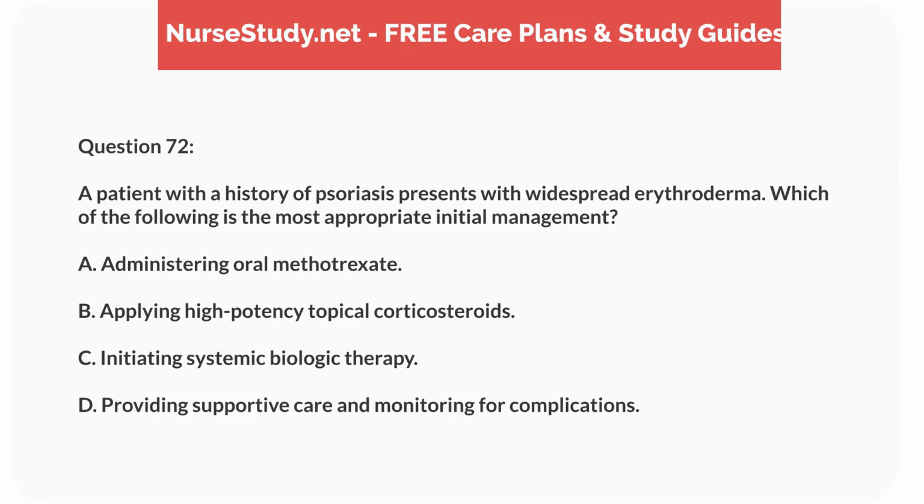Question 72. A patient with a history of psoriasis presents with widespread erythroderma. Which of the following is the most appropriate initial management? A. Administering oral methotrexate. B. Applying high-potency topical corticosteroids. C. Initiating systemic biologic therapy.